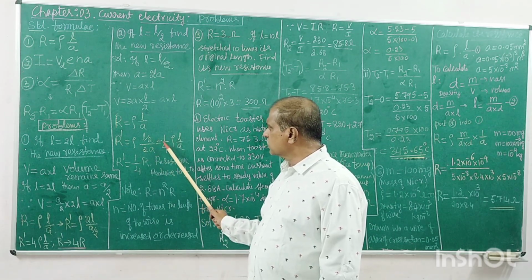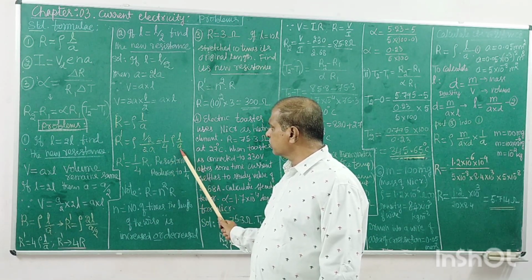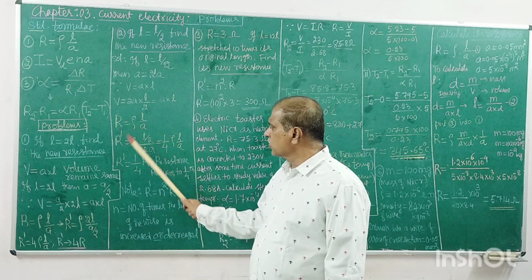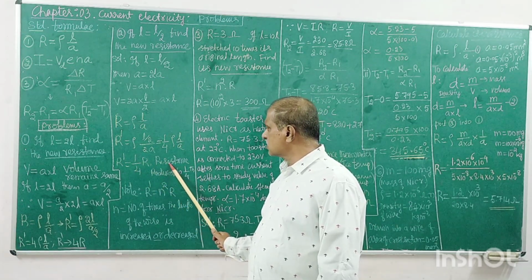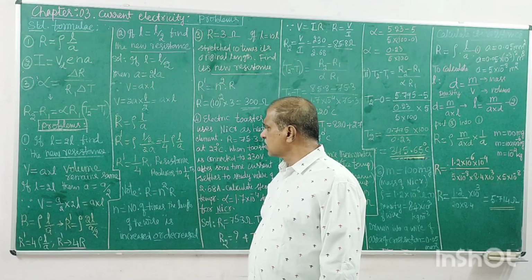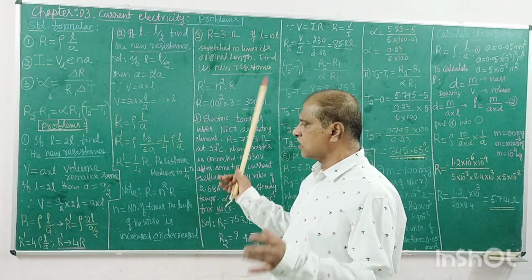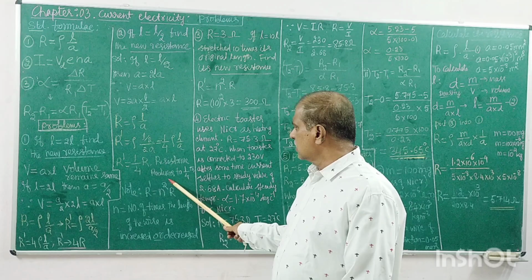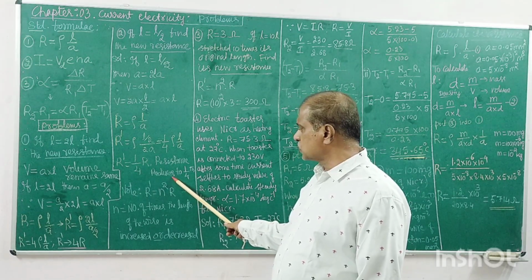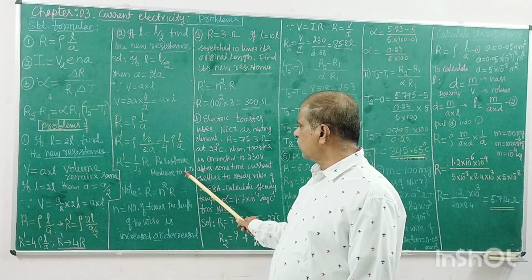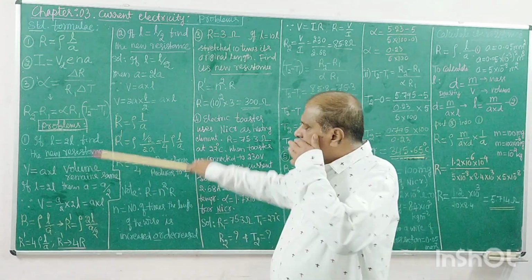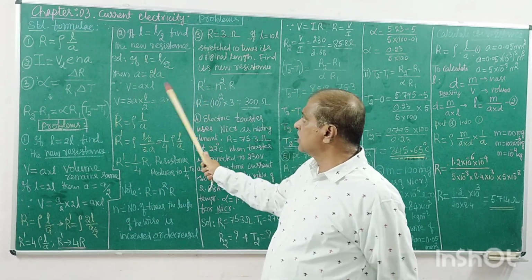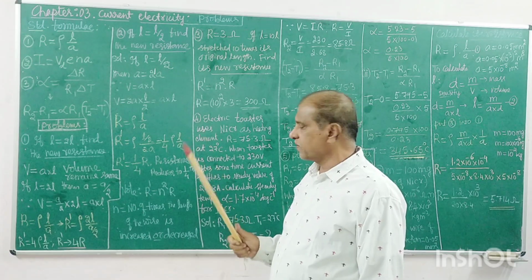Simplify, it is 1 by 4 rho into L by A. This rho into L by A is R. So R dash is equal to 1 by 4 R. Resistance after compressing, what happens? Resistance reduces to, in this case, 1/4 of the original. So this is how we can calculate problems like this using this technique.